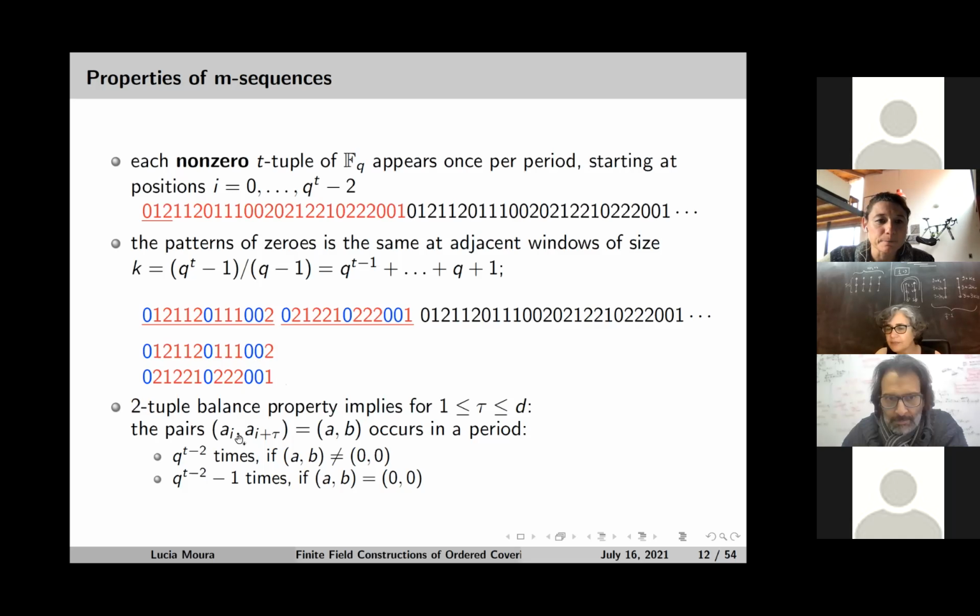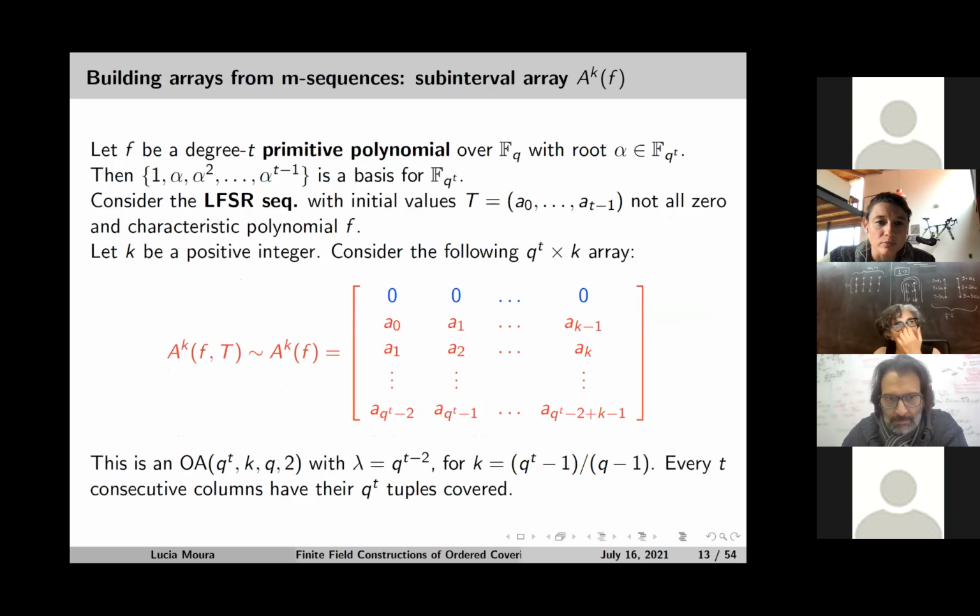And there is also the 2-tuple balance property that I'm going to use. So let's take a look at the array we build. We build the sequence with a primitive polynomial. Once I have that LFSR, I will first have an extra row with all zeros, and that will allow me to cover the tuple of all zeros that's not given by the sequence. But then here I will pick one of those slices.